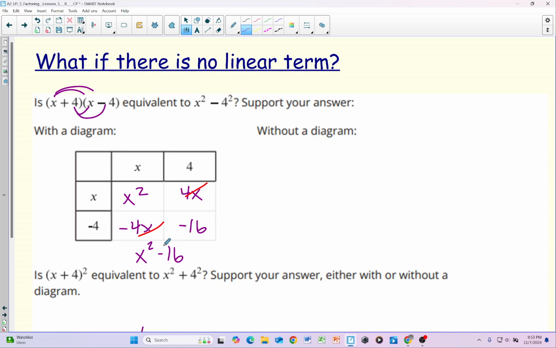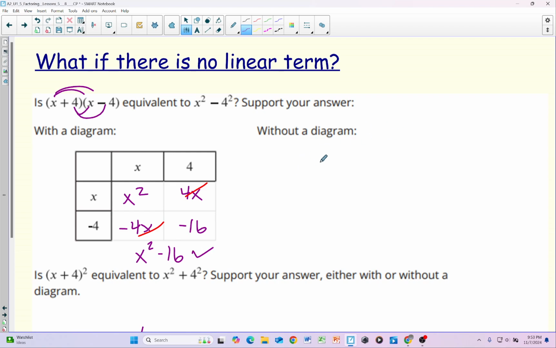Well, that's kind of interesting, because we have two things that are just squares, the x squared and the 16. And so, as we said, there's no linear term. Is that the same thing as x squared minus 4 squared? Yes, it is. And how interesting is that? That comes from the fact that we have the x that's been squared and the 4 that's been squared. Coincidence? Probably not.